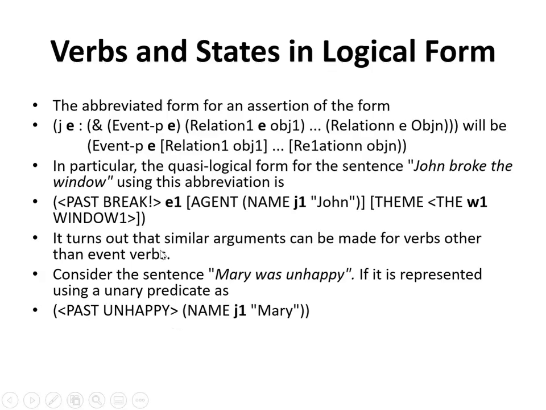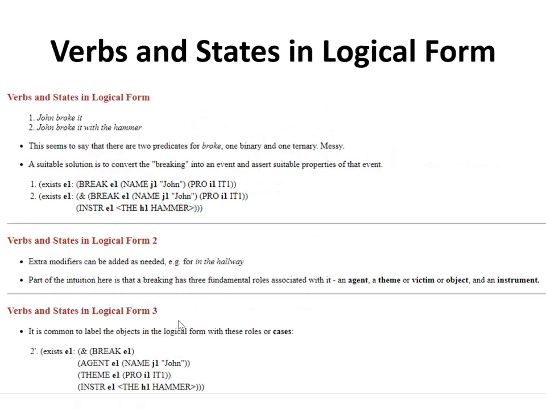Similar arguments can be made for verbs other than event verbs. So Mary was unhappy. How can you show that? Name J1 Mary, past unhappy. That is a unary predicate.